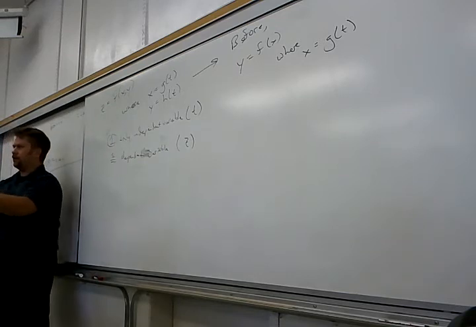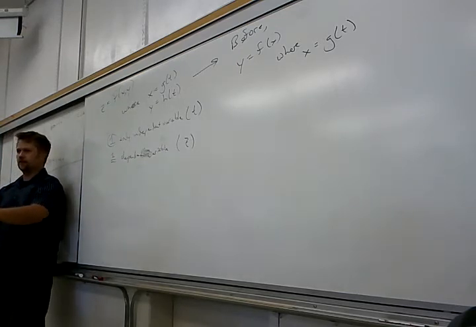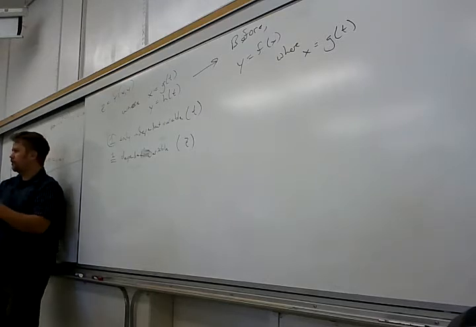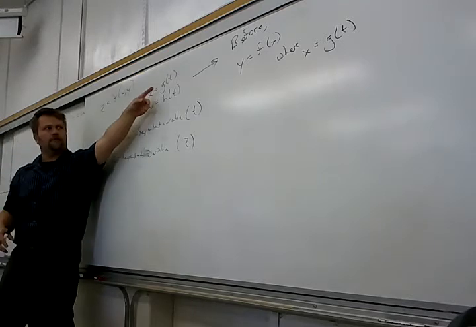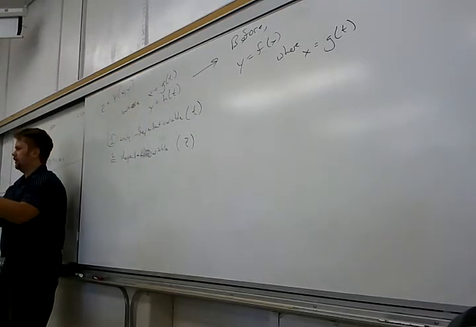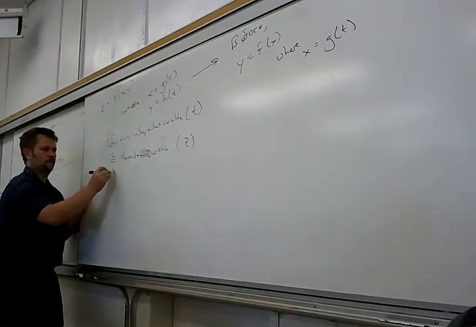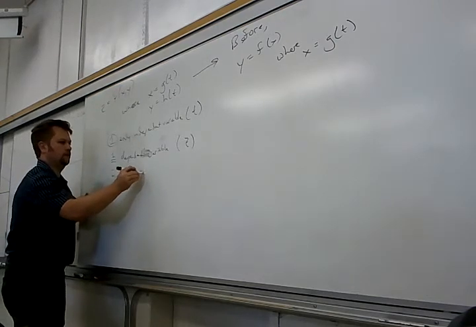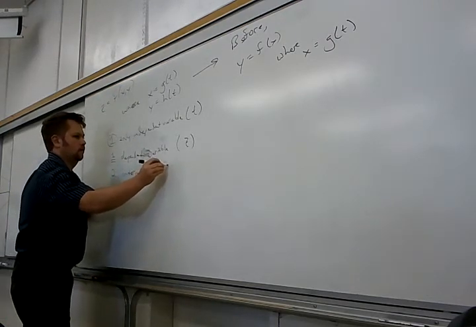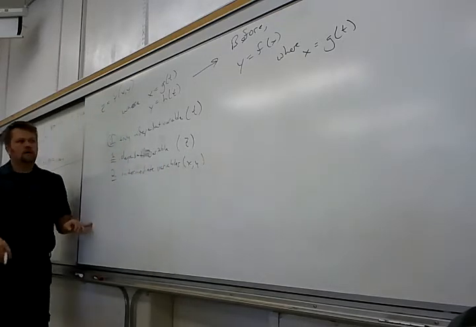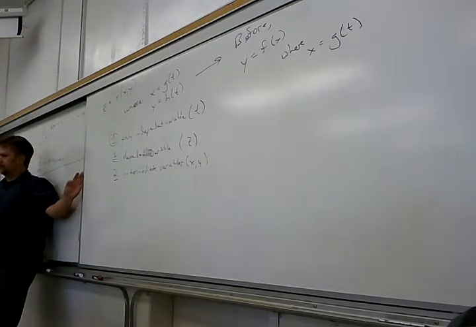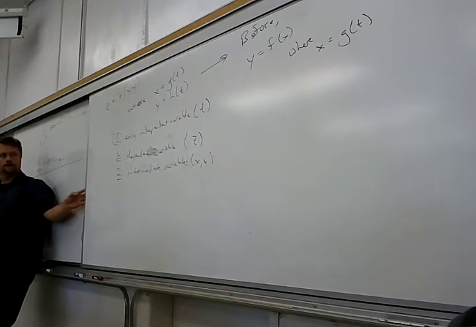X and y we call the intermediate variables. They're the go-betweens, right? I don't have a function explicitly in t, but I could if I replace this in there, put that in there, then I have a function of t. Two intermediate variables, x and y. Okay, so that's step number one, is to realize that.